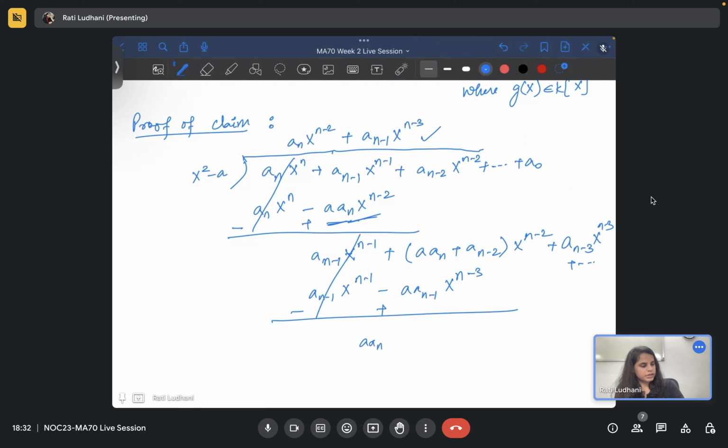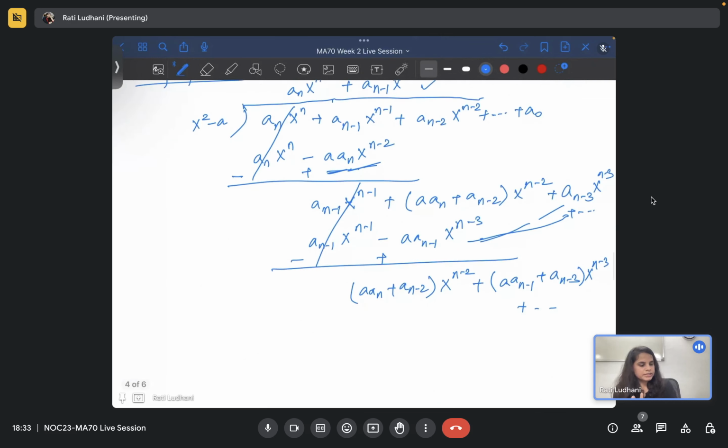So a_n plus a_(n-2), and here you will get a_(n-1) plus a_(n-3). These terms are the same, like the powers of x are the same. So you'll get this and so on.